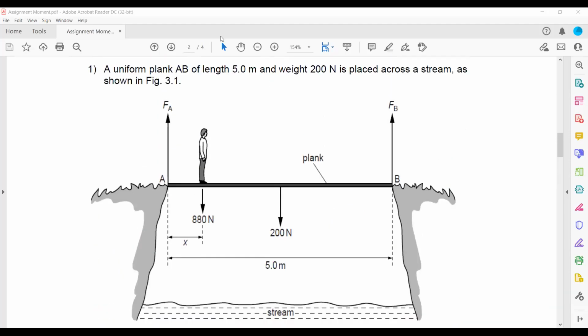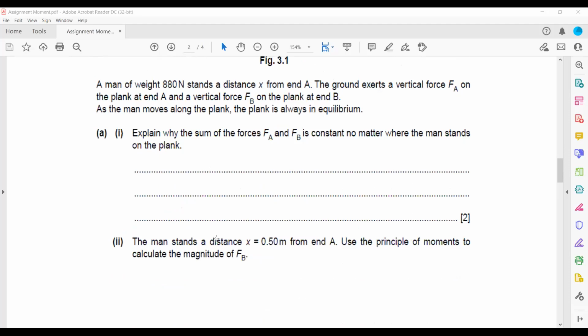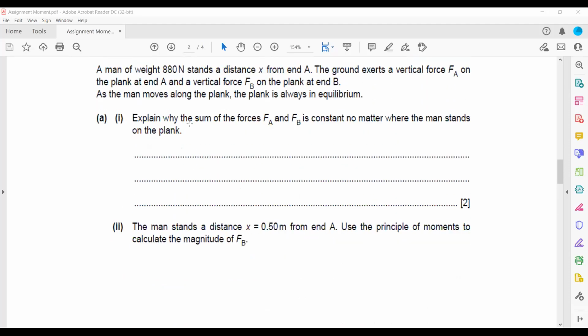Even if a man is at this position, if the man moves to a new position, the sum of Fa and Fb won't change. So first thing, whenever we write the answer, because as I mentioned, it is in equilibrium, for an object to be in equilibrium, there will be no resultant force on the plank.